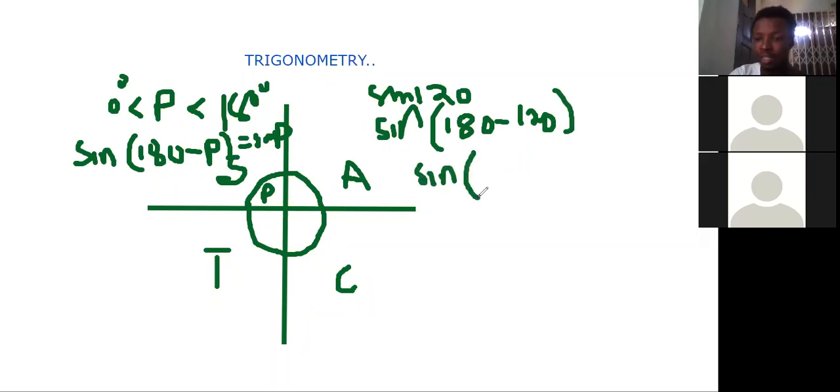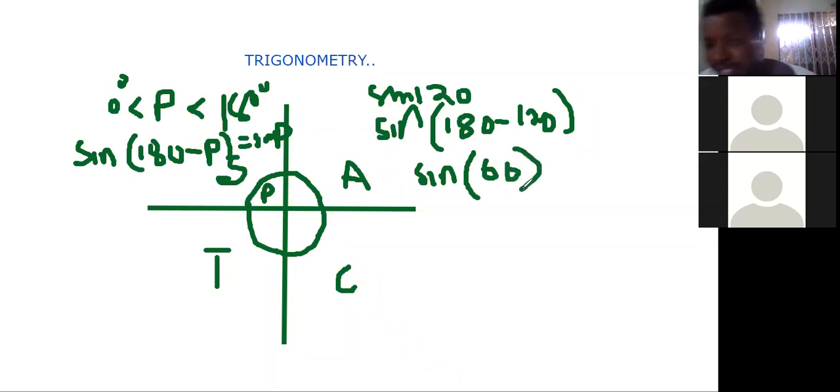So sine 120, what do you get, please? Root 3 all over 2. Okay. Now, we are finding its corresponding acute angle. Using this formula, it will be 60. I hope you agree.